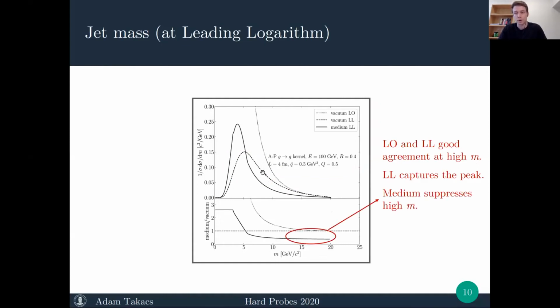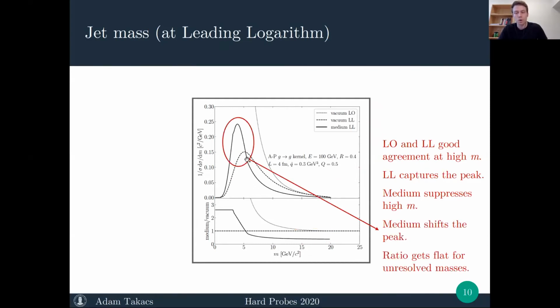If we turn on the medium effect, this is still an analytical calculation, the medium will suppress the high mass part, but the shape of the distribution will be the same because it's again just the single parton precision there. However, for lower masses, the peak will be shifted, and there will also be some saturation because there will be splittings which are not modified by the medium.